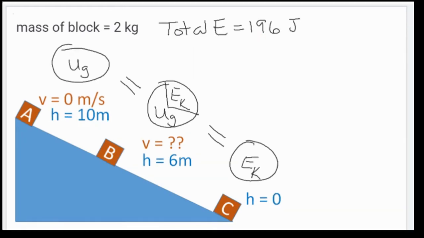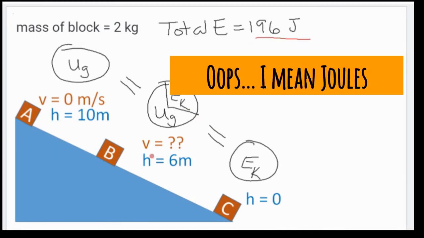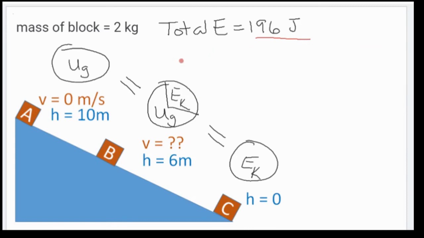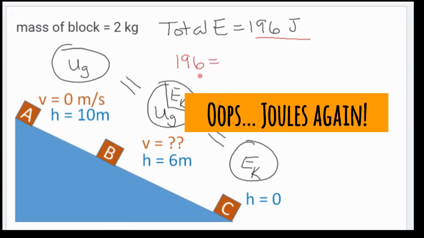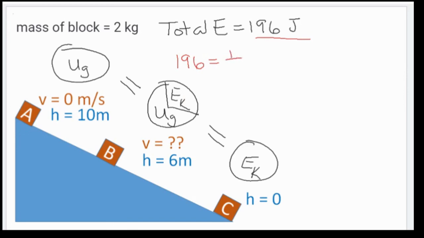Knowing this total energy of 196 joules can help us find out about other points on the block's path. For example, if we know that the total energy is 196 joules, we can say that will be equal to the energy at point B, which we know is partly kinetic energy and partly gravitational potential energy.